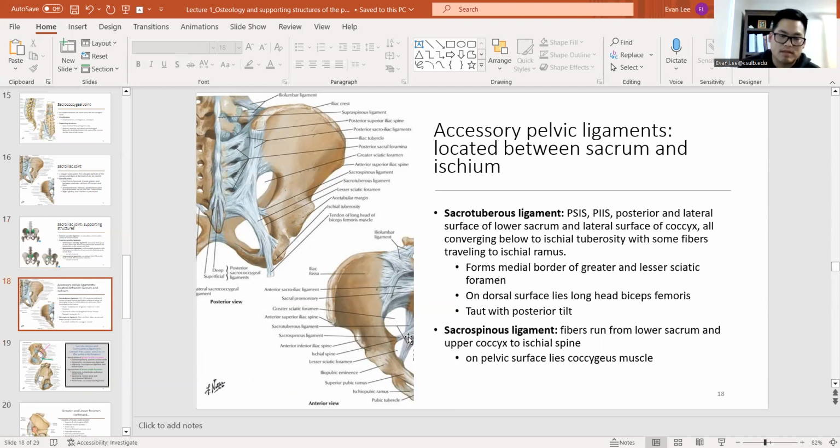Now, to talk about a couple of different ligaments that we'll see here as well, these are much more external, but very important as well. These are going to include the sacrotuberous ligament as well as the sacrospinous ligament. Now, sacro, we've been saying a lot, that's referring to the sacrum, but sacrotuberous is referring to the tuberosity, specifically the ischial tuberosity.